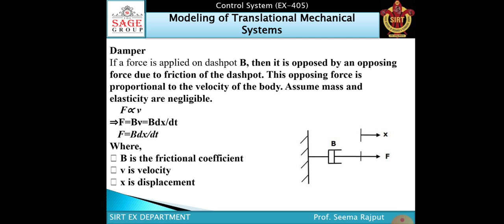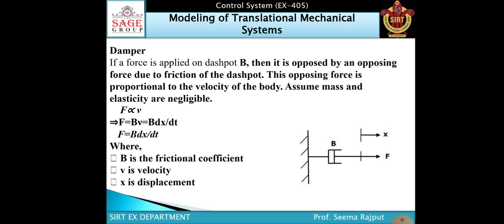So if a force is applied on dashpot and it is denoted by B, then it is opposed by an opposing force due to friction of the dashpot. This opposing force is proportional to the velocity of the body. Okay, assume mass and elasticity are negligible. Okay, so F proportional to velocity v. So F equal to Bv, and velocity is represented as dx by dt.